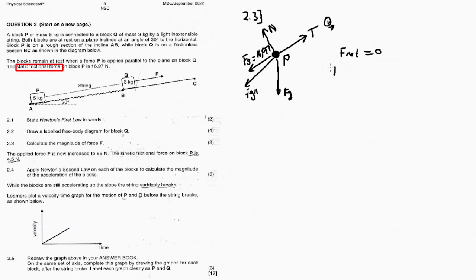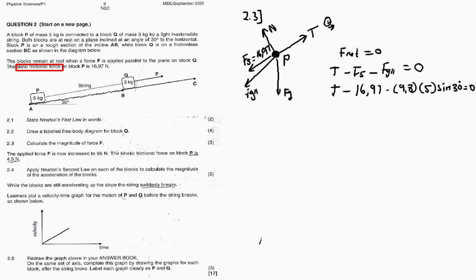F net is plus T minus F static minus FG parallel equal to 0. So tension minus 16.97 minus 9.8 times 5 times sine 30 degrees equal to 0.